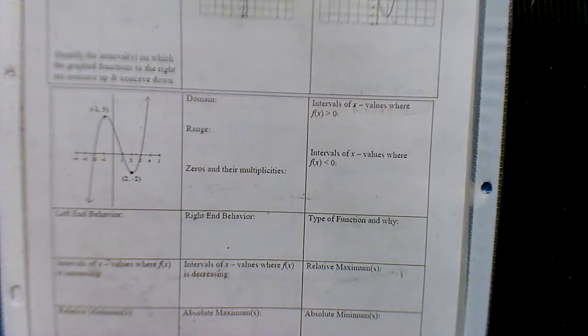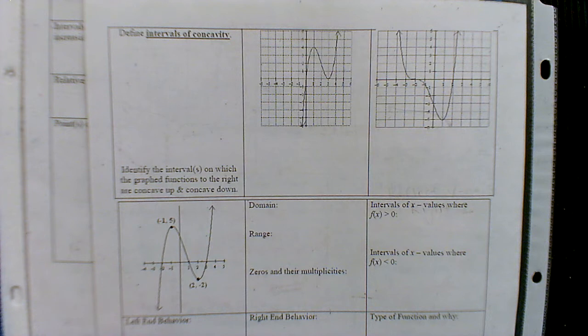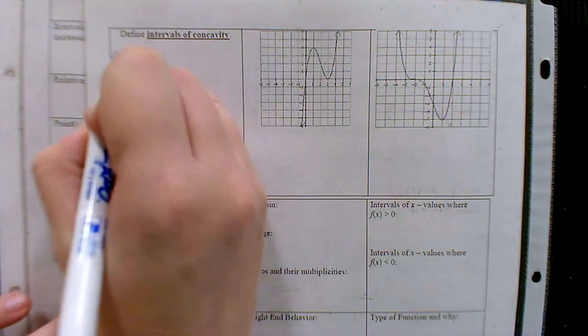Okay? What we're going to do now is continue with this idea of points of inflection, but we're going to use the points of inflection to help us determine the intervals of concavity. Okay, where are we concave up? Where are we concave down? Because those points of inflection are the changing spots. So those are kind of our beginning and ending values that we're going to use to help us with these intervals.